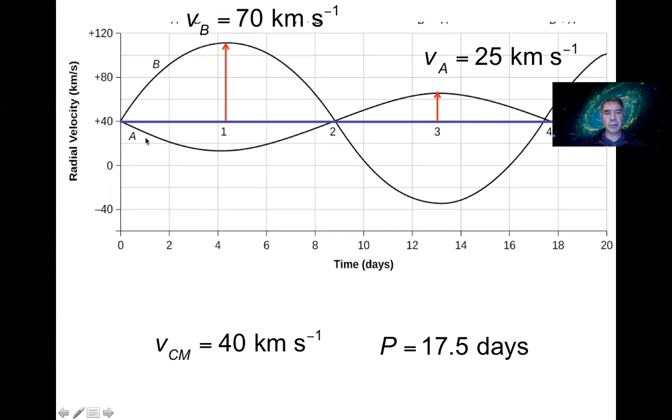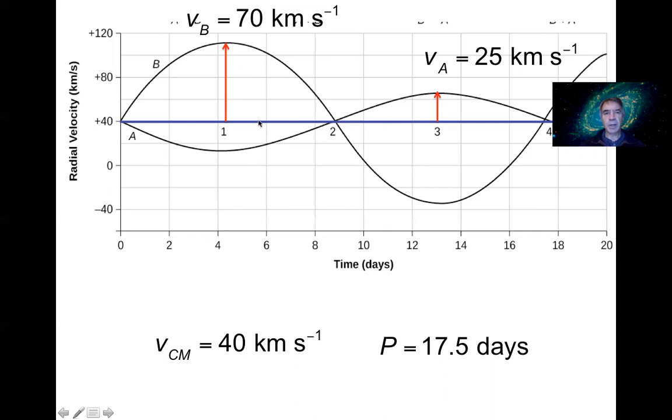Okay, just to think about what's going on in these curves, and how to actually measure the radial velocity amplitudes of both stars. So the thing to look at here is to identify this blue line, which is the axis of symmetry for both radial velocity curves. It's where they cross over.